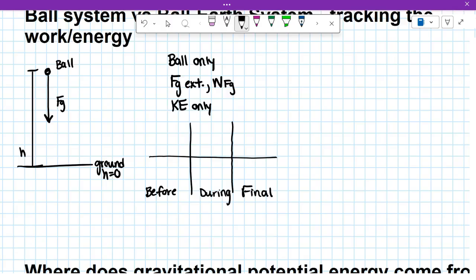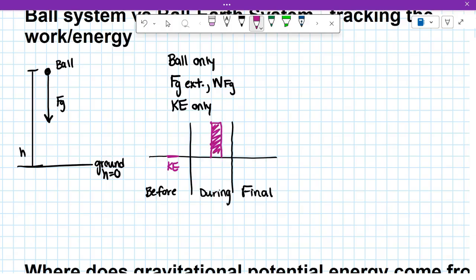So we're going to draw bars to represent energy or work. Before the ball is dropped, I have a speed of 0. No work has been done on the ball system. So we're really starting with 0 kinetic energy. During the fall, the force of gravity is going to do positive work because it is in the same direction as the displacement.